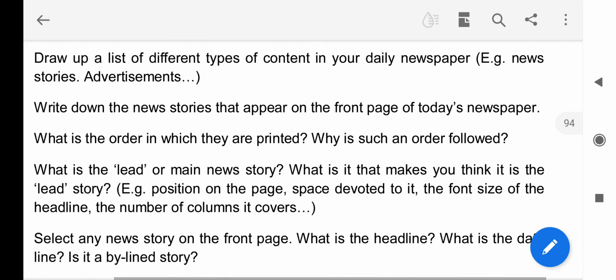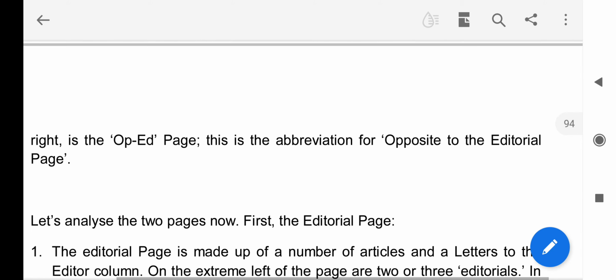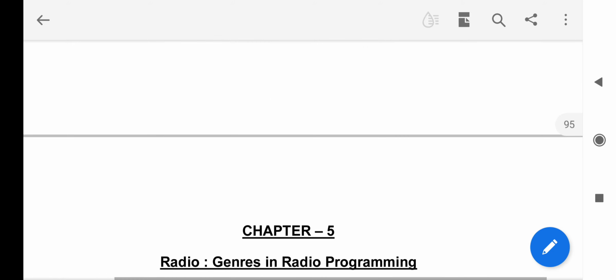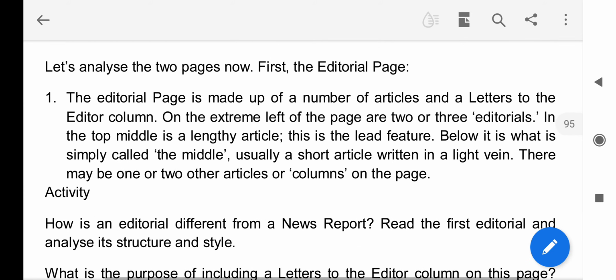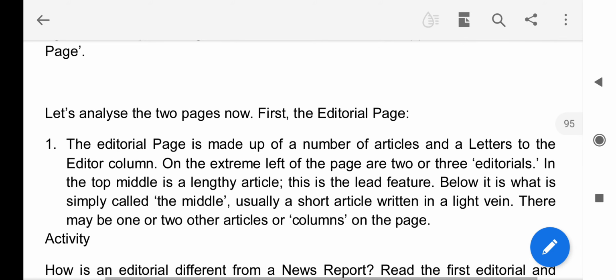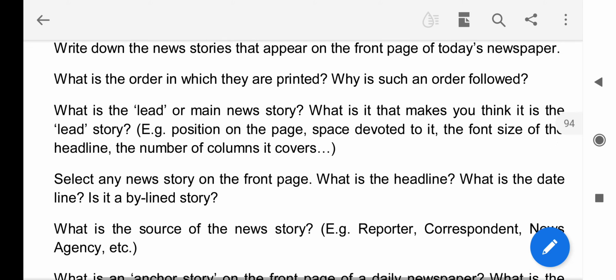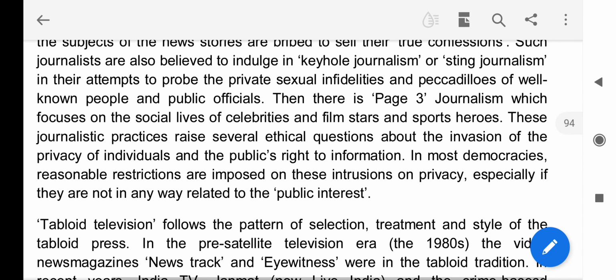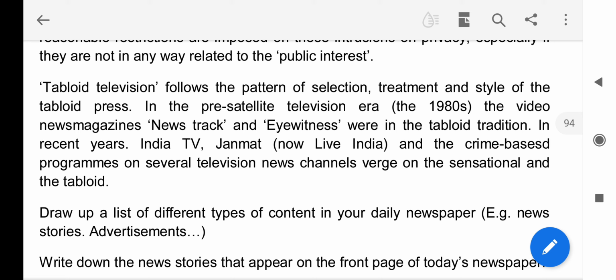Now let us move to tabloid television. What is tabloid television? Tabloid television is a format that follows the pattern of tabloid journalism, the selection, treatment and style of the tabloid press.